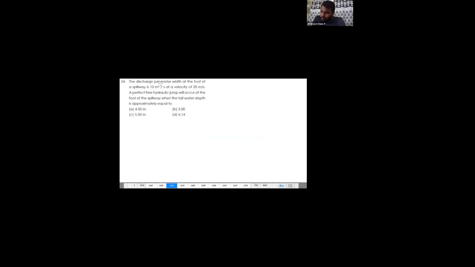The discharge per meter width at the foot of a spillway is Q, 10 meter cube per second. See, the meaning of a spillway is whatever the opening is, my dear. This shape is nothing but the spillway, and this opening is what we call a spillway.